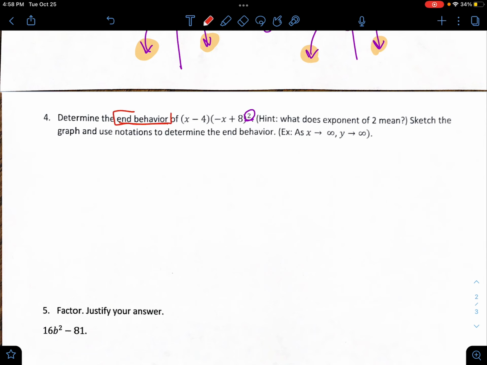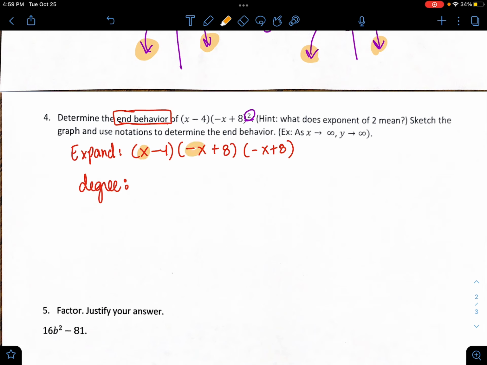So now to find the end behavior. End behavior, again, expand x minus 4, negative x plus 8 times negative x plus 8. What's my degree? Remember, my degree is, you count how many x's there are.